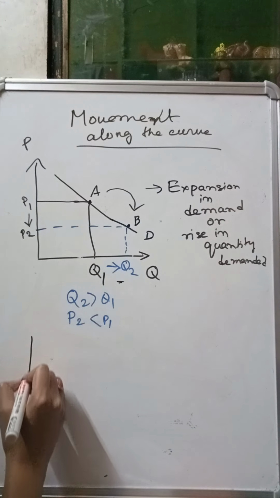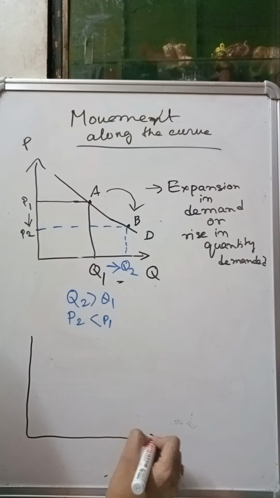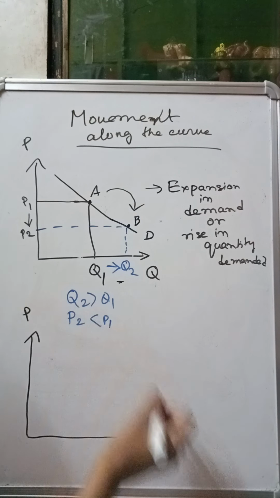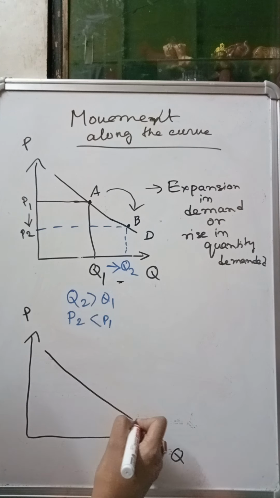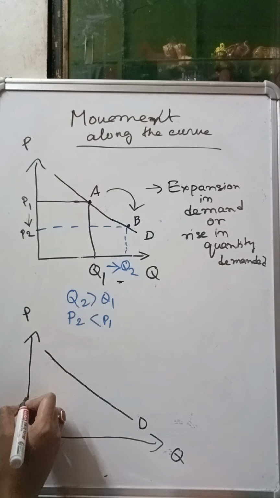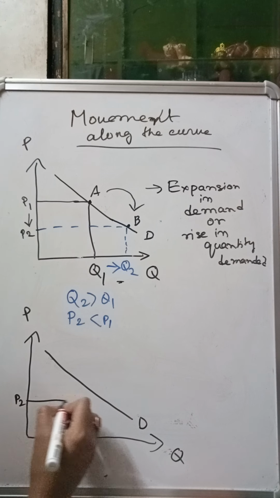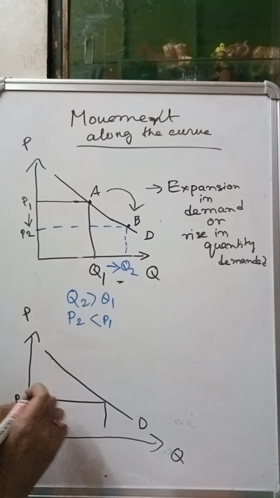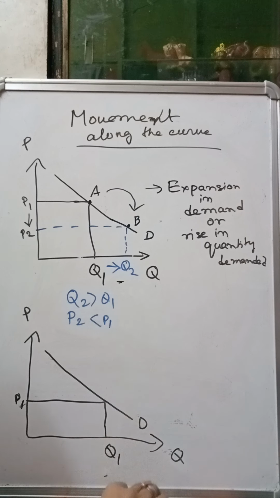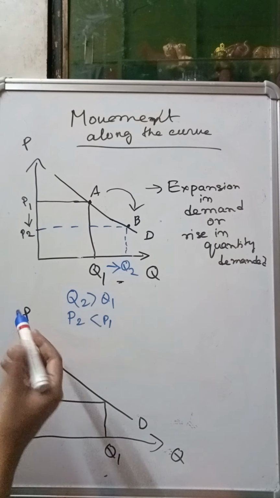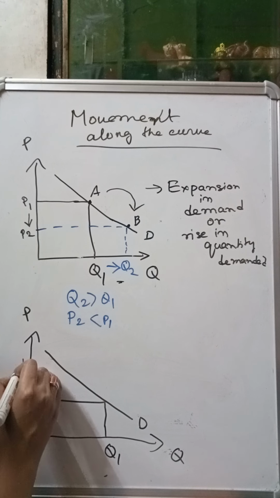Let us take another example. Suppose this is price, and here we are measuring quantity. So this is the demand curve. Initially my price was P1. At P1 I was demanding Q1. Now my price has increased and it has become P2.